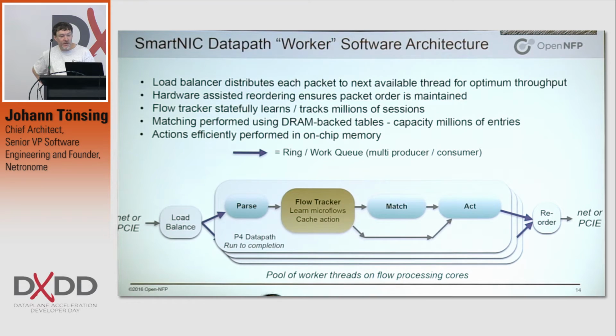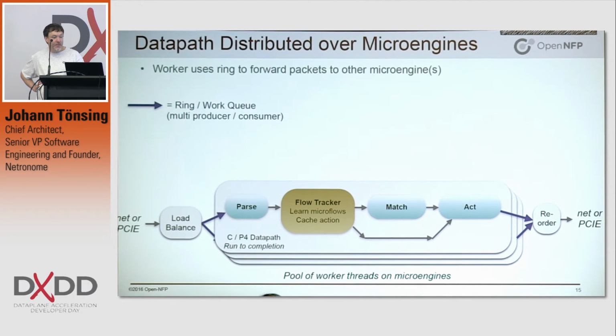If you want, with these fully programmable SmartNICs, you can mix P4 and C code. So I've got the C plugin there, which is like the sandbox concept. The picture could be exactly the same if you write it in C instead of P4. You can write your own parsing, matching, actions, call into C subroutines as well.